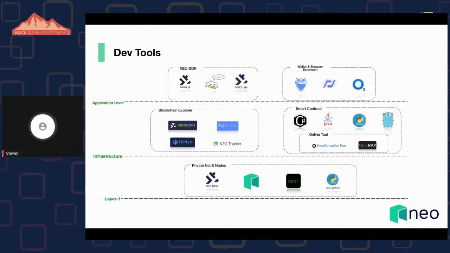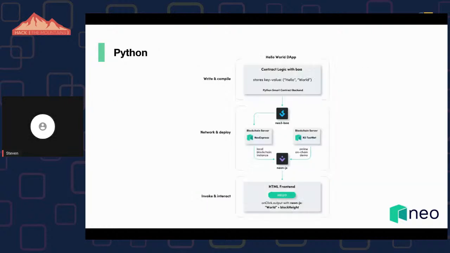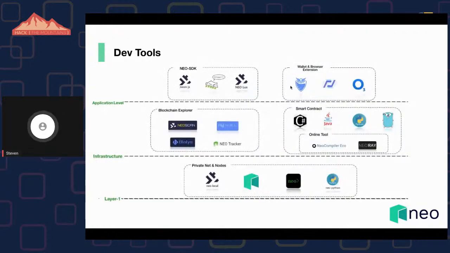And in Neo, besides the smart contract programming languages, we developed a lot of tools like the Explorer and smart contract development IDEs, the wallets and SDKs. We also provide some private net solutions. All of these tools let developers join Neo development very easily. So I think that's all for the slides.